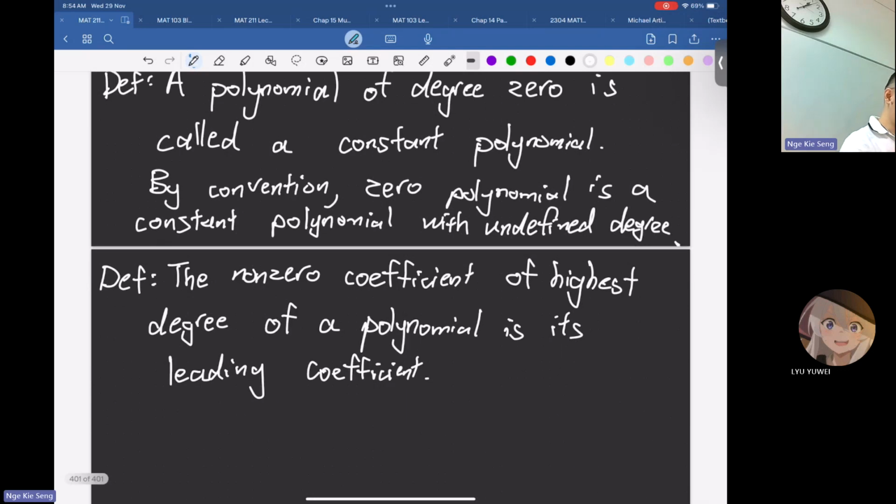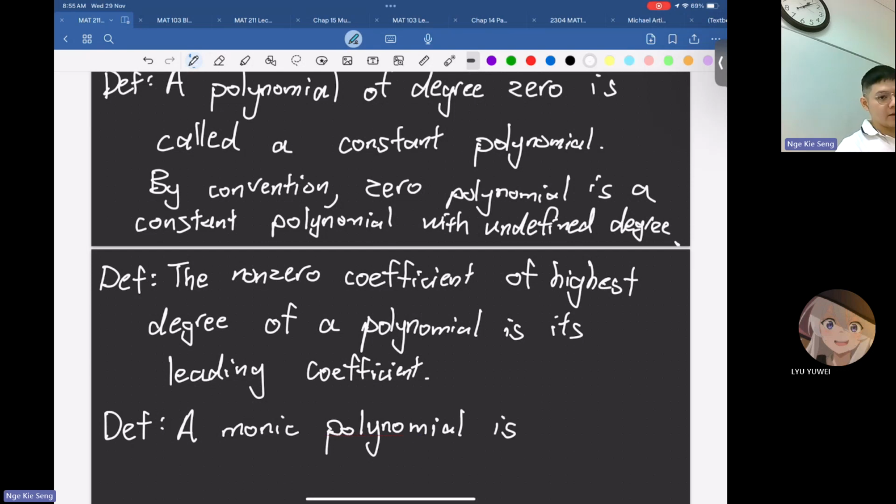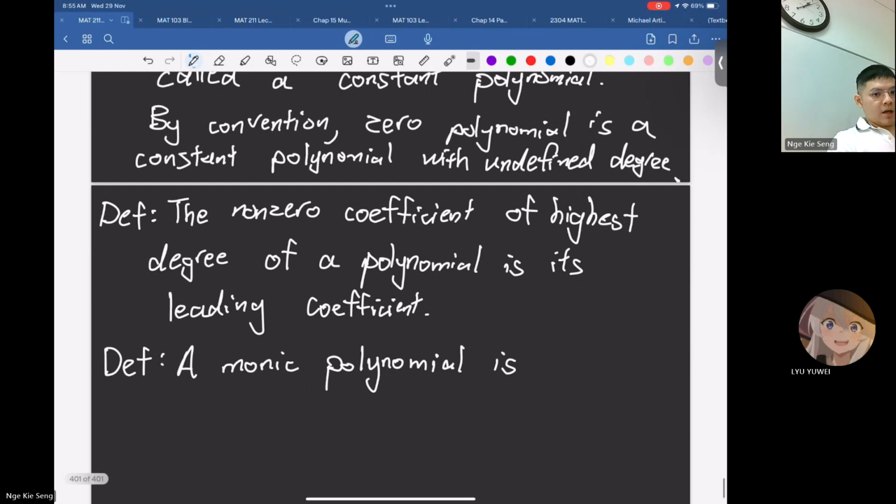And then we will have the last definition, a monic polynomial. So what is it called, a monic polynomial? You see mono, right? Mono is like 1. So what is 1 here? A monic polynomial is a polynomial whose leading coefficient is 1.